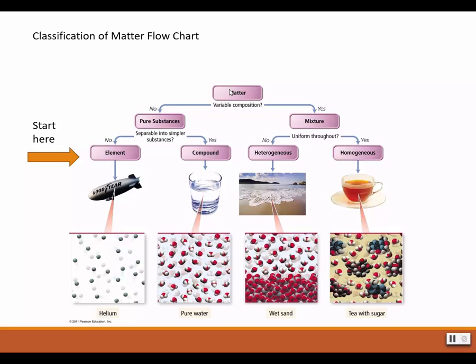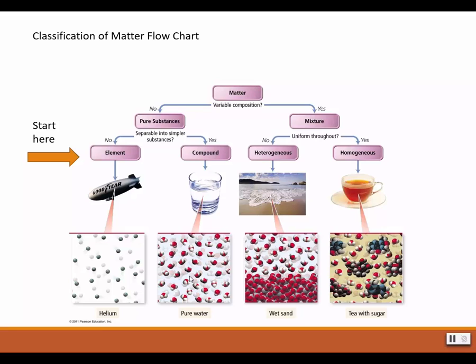does have a variable composition, like a solution of salt water, that is a mixture because there are two different types of molecules present, water and salt. So matter that has variable composition is a mixture. If there's only one type of substance present in your sample, then we say that is a pure substance.